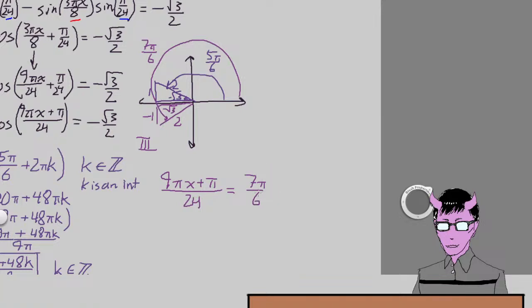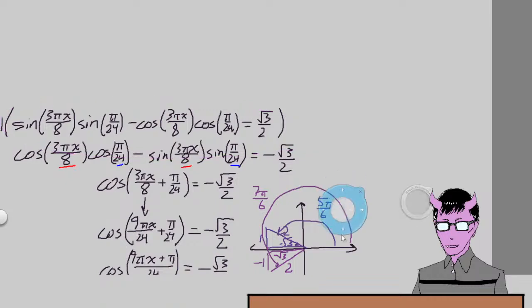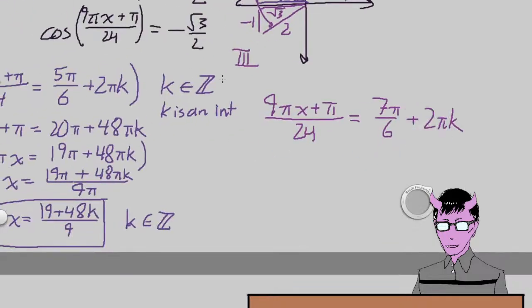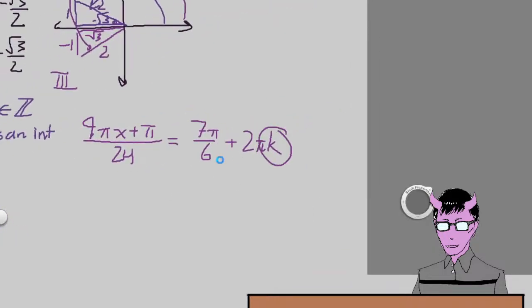This is just one answer. We need to capture all the coterminal angles since there are no domain restrictions. So plus the usual 2 pi k. K is an element of all integers, so integer.